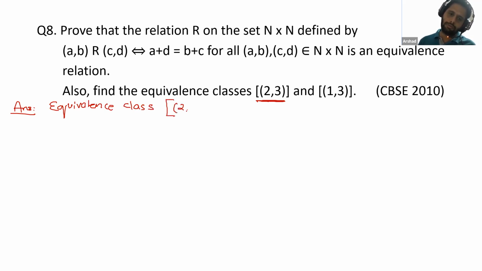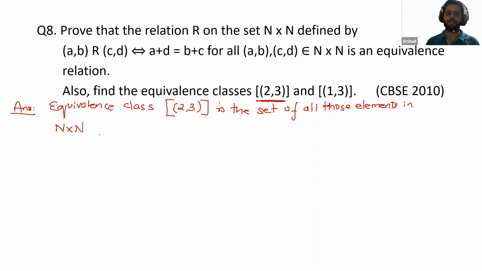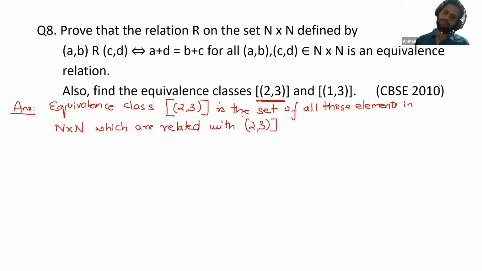of this one, 2 comma 3, is a set of all those elements in N cross N which are related with 2 comma 3 under the relation R. So what is meant by equivalence class of this?